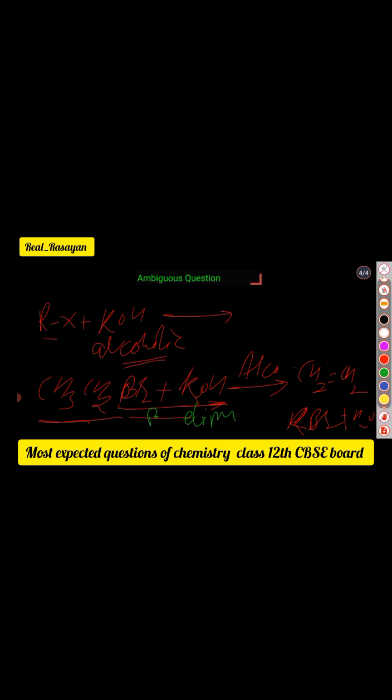Beta elimination reaction, where the removal of hydrogen takes place. It means dehydrohalogenation reaction. We can say it as dehydrohalogenation.